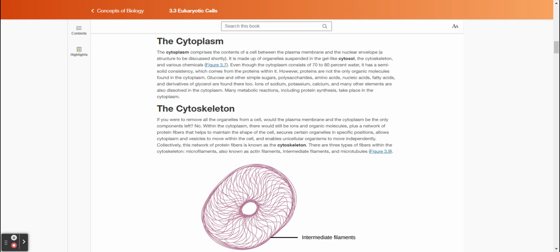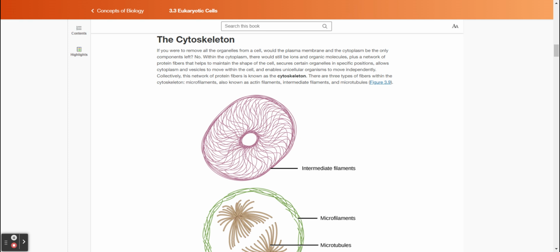However, proteins are not the only organic molecules found in the cytoplasm. Glucose and other simple sugars, polysaccharides, amino acids, nucleic acids, fatty acids, and derivatives of glycerol are found there too. Ions of sodium, potassium, calcium, and many other elements are also dissolved in the cytoplasm. Many metabolic reactions, including protein synthesis, take place in the cytoplasm.